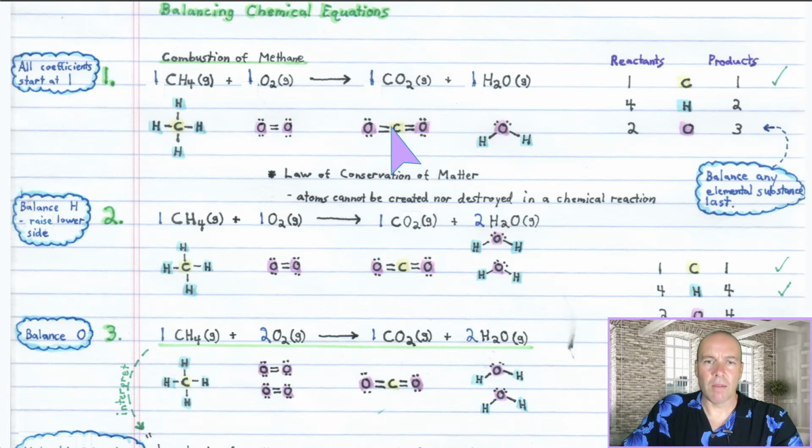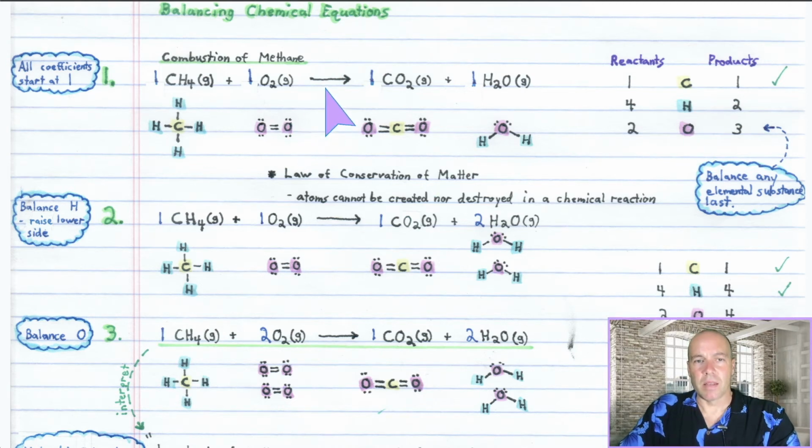And then you have 3 oxygen atoms. So you can see there's something going on here that doesn't seem right. If you have one of these molecules and one of those molecules, and you only form one of these and one of those, well, what happened to the other hydrogens? You started with 4 hydrogen atoms, and you're only left with 2.